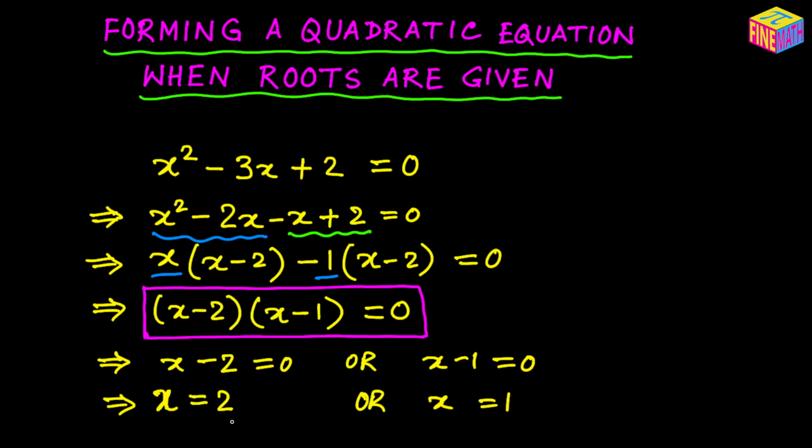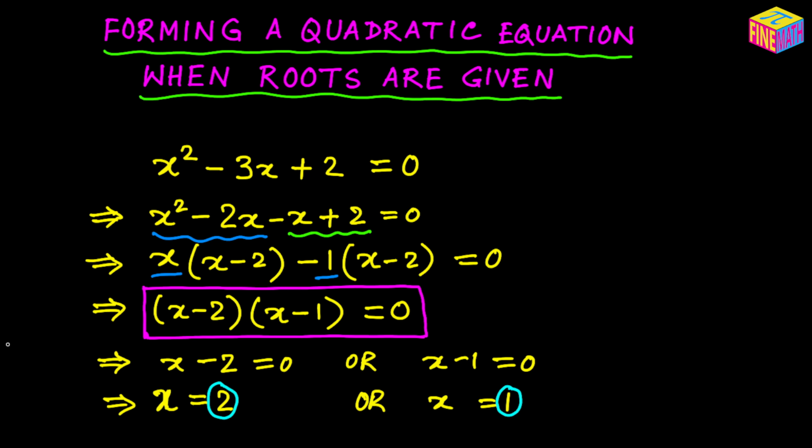And if you again look at it, you see that the two roots are positive 2 and positive 1, right? As you can see, if x has a value of 2, then x minus 2 becomes a factor. Similarly, when x has a value of 1, x minus 1 becomes a factor.